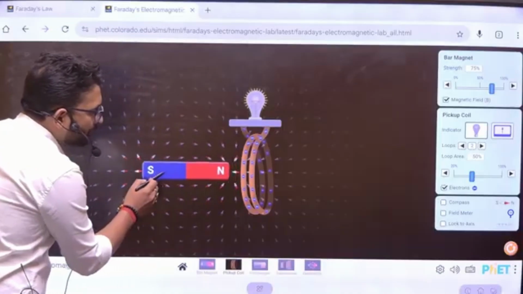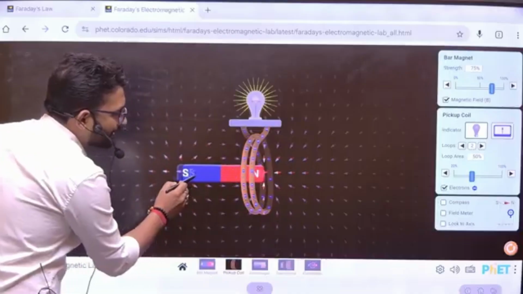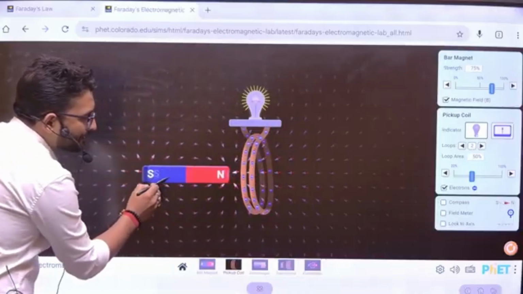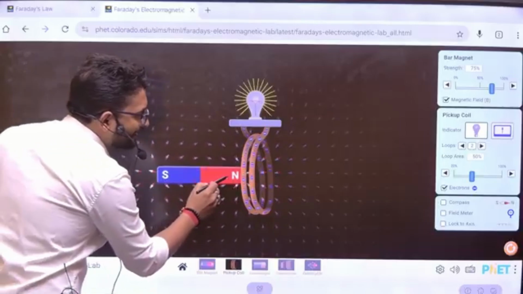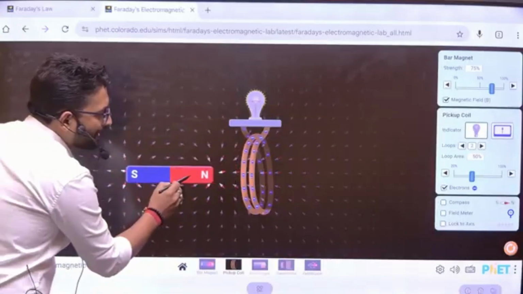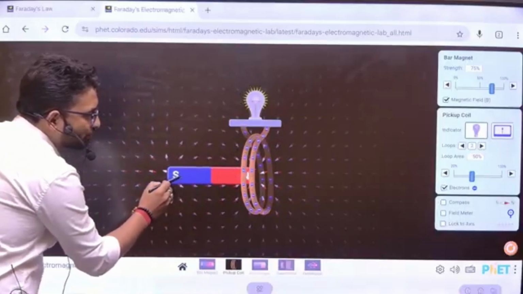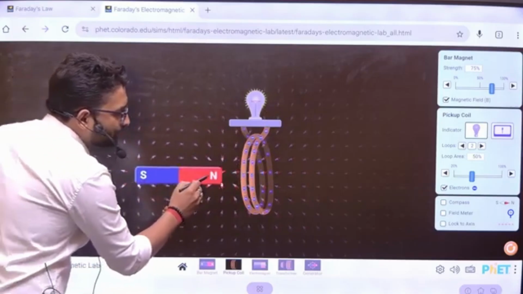Can you see the bulb glowing? Yes, it is glowing. So this is basically Faraday's experiment. If I change the position of the magnet, the bulb glows, meaning there is induced current. There is induced current when? When I change the magnetic flux associated with the coil.